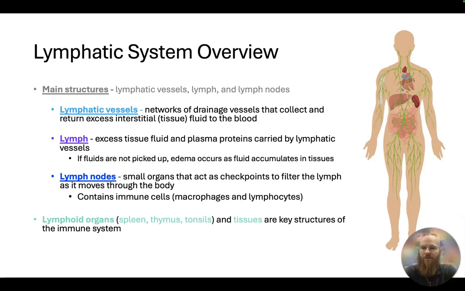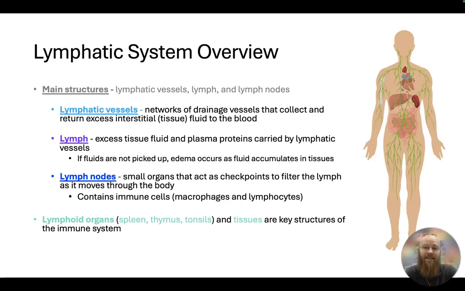All right, so our main structures, again, we've got those lymphatic vessels. Those are our networks of drainage vessels. Those collect and return excess fluid to the blood. Okay, so it can definitely have an effect on overall blood volume and blood pressure. The lymph itself is the name that we give that excess tissue fluid and some of the circulating plasma proteins. And that's just the liquid that's actually being carried.